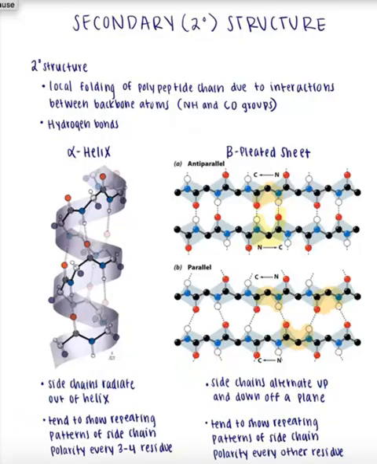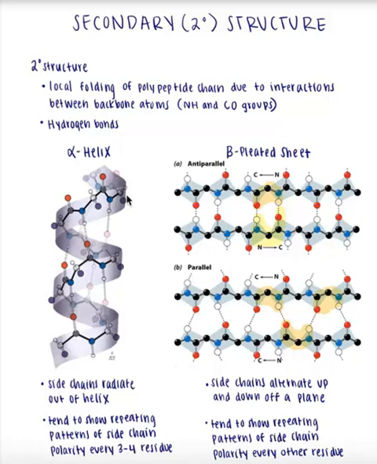So the next level of protein structure is the secondary level. This is really just local folding of polypeptide chains that's happening because the backbone atoms are going to be forming hydrogen bonds. And so we have 2 types. We have the alpha helix, which is kind of similar to how DNA looks. What you want to know about this is that the side chains are going to radiate outwards, right?